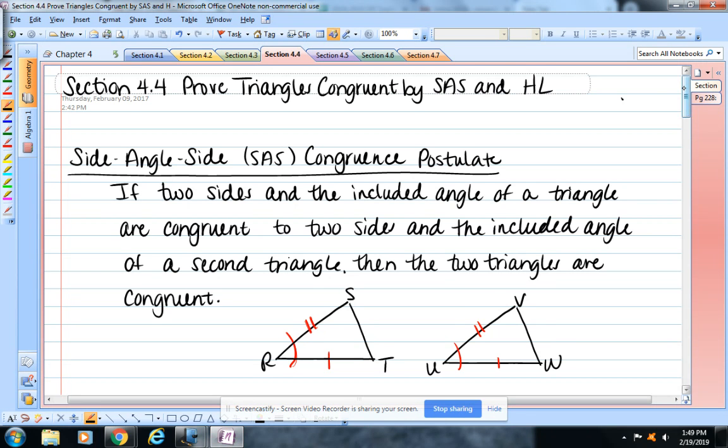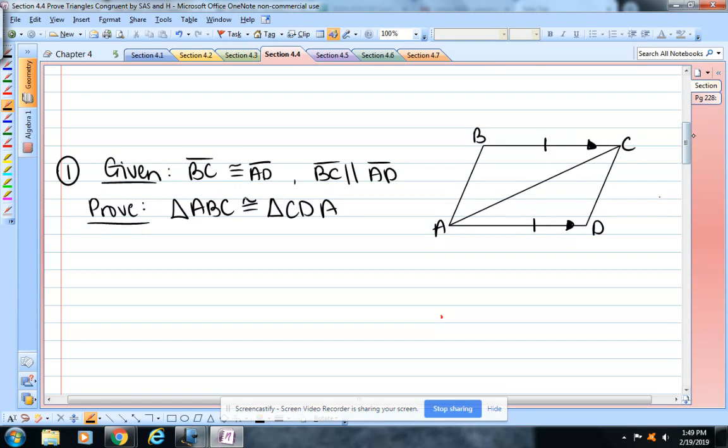Okay. Lots of proofs. We'll give you a moment to draw the picture. The picture is important. We're going to use this picture and the given information to help us prove two triangles congruent. So the majority of what we're doing in this whole chapter is proofs. Proving triangles congruent.